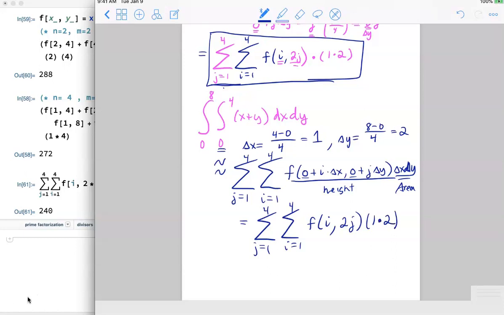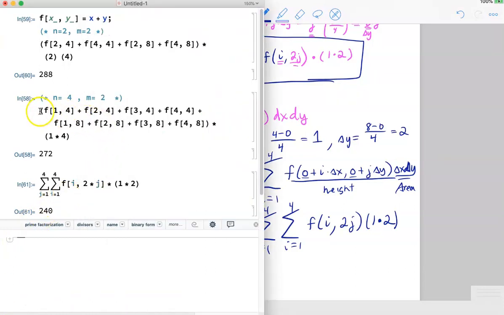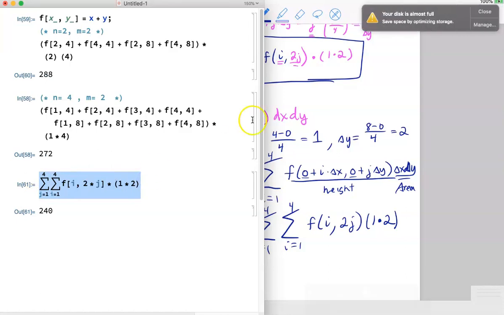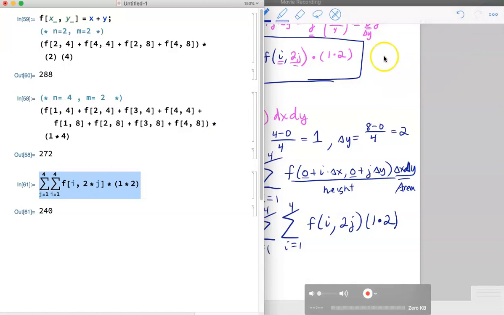The nice thing about that notation is that it can easily be put into a computer without having to write out every individual term. You can write it in sigma notation, and that answer comes out to be 240.